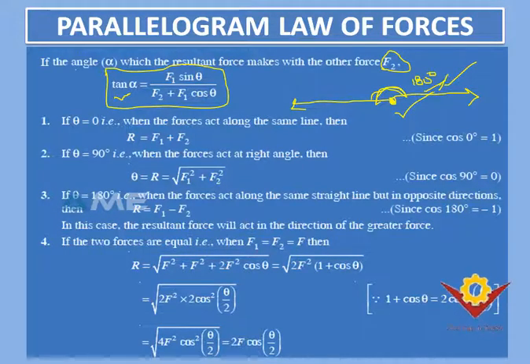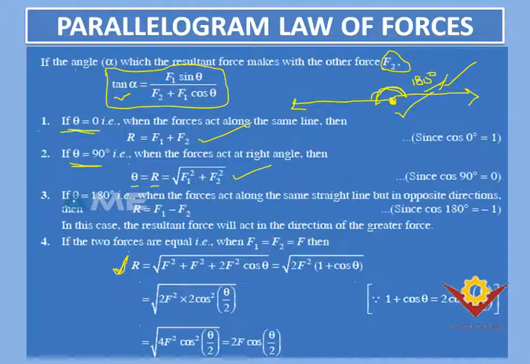And if this theta varies, what is your resultant? We'll see here. The first one is, if theta equals 0 degrees, substitute theta equals 0 in the resultant formula which we already took from the parallelogram law. If you substitute here, the resultant you are going to get is R equals F1 plus F2. And if theta equals 90 degrees, the resultant is equal to the square root of F1 square plus F2 square.